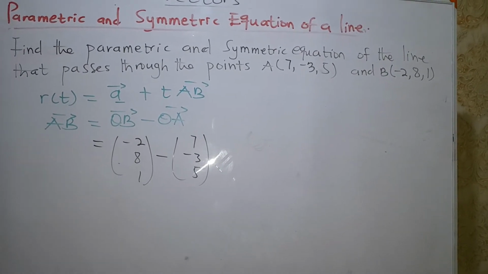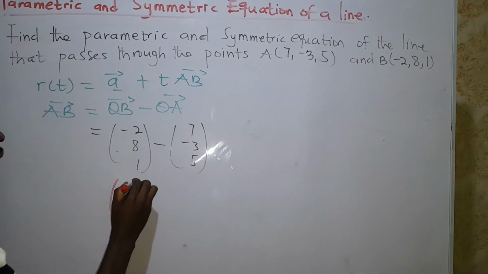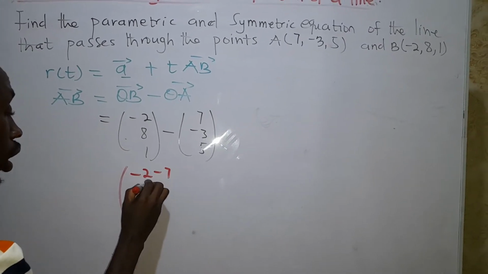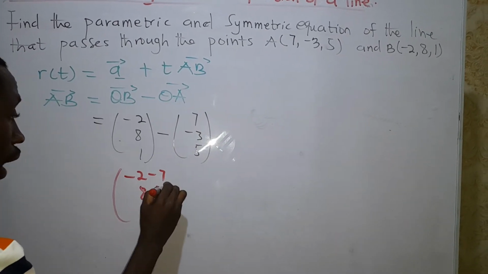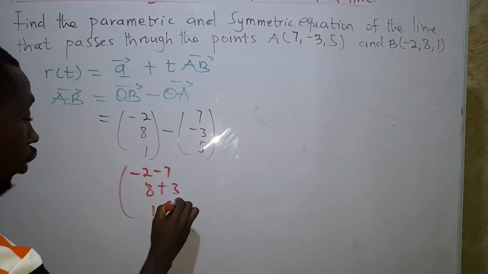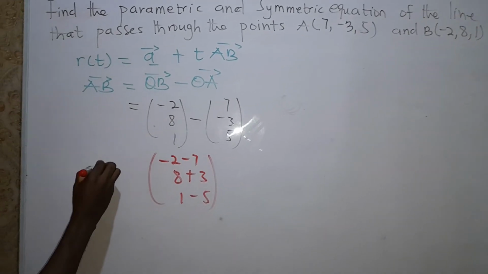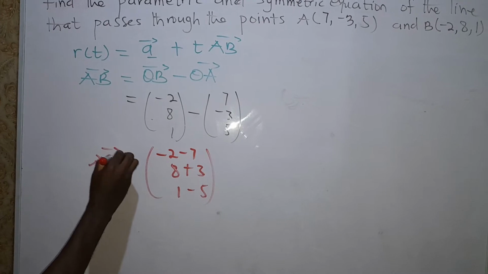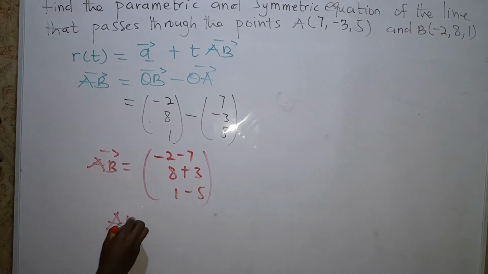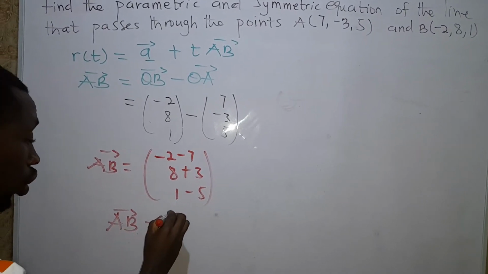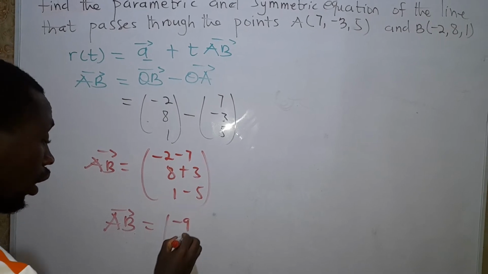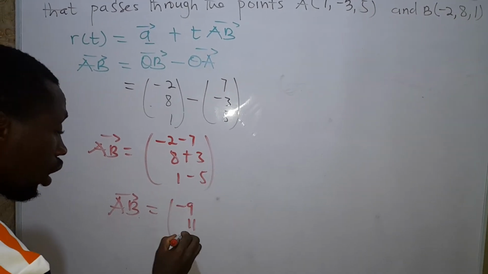We'll have -2 minus 7, then 8 plus 3, then 1 minus 5. So our directional vector AB will be equal to (-9, 11, -4).